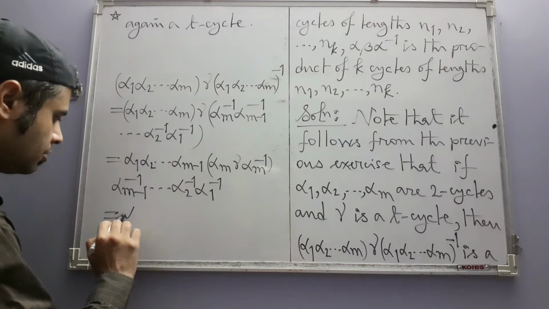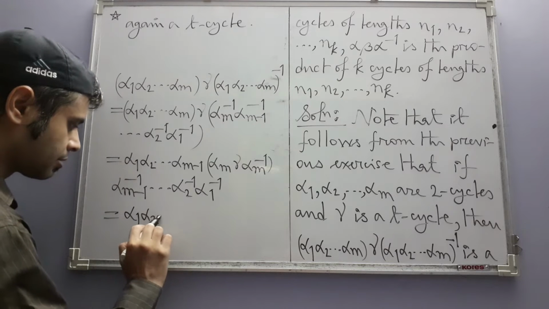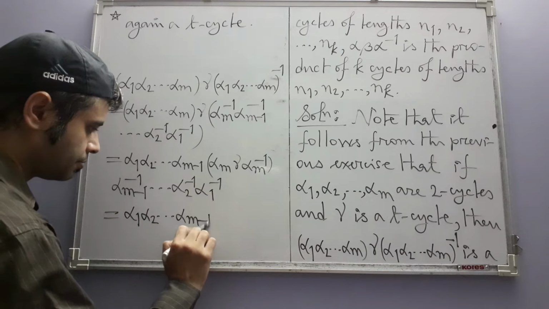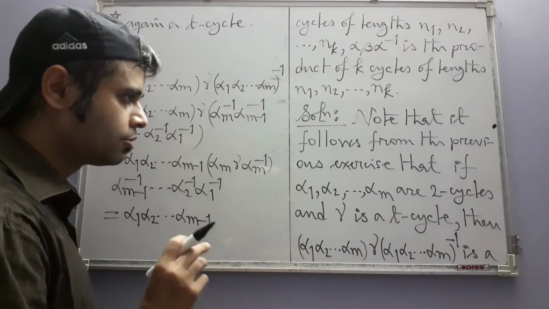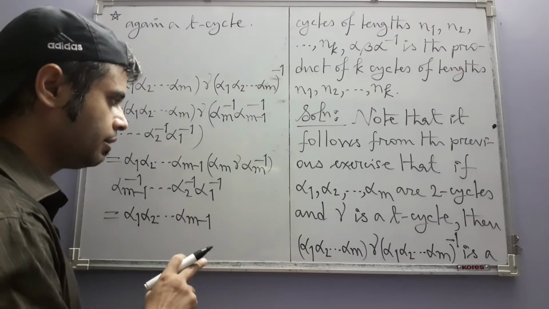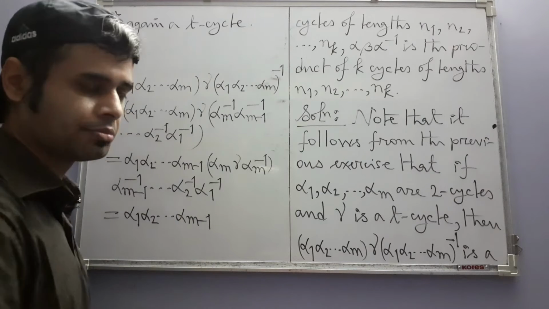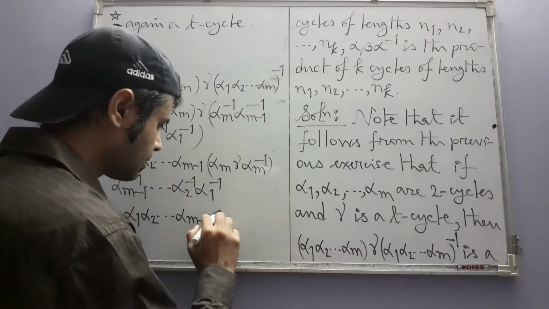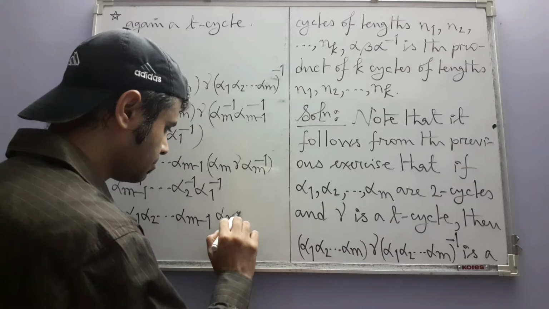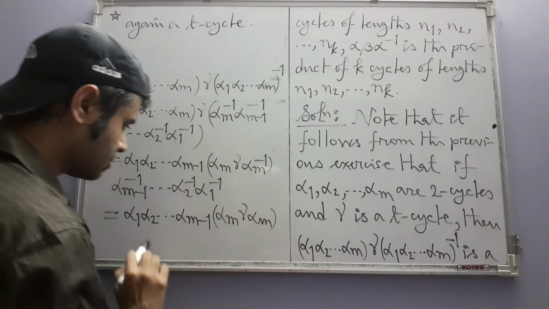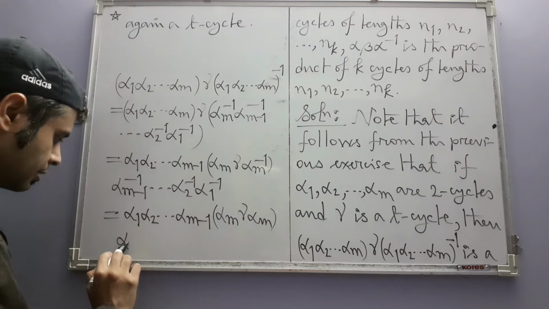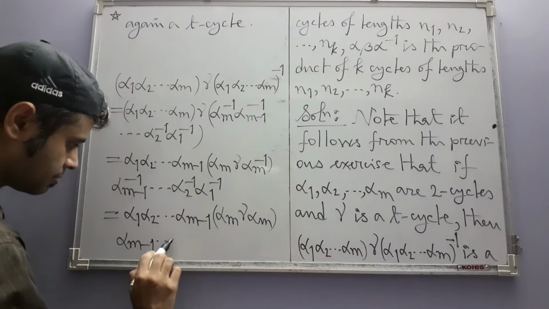And you also use the fact that because all these alphas are 2 cycles, their inverses are the cycles themselves. This is also something we already know. So alpha m inverse is alpha m itself, just like that these other things are also themselves.